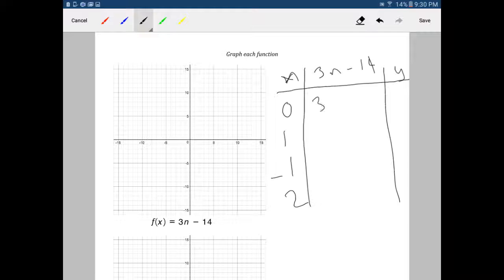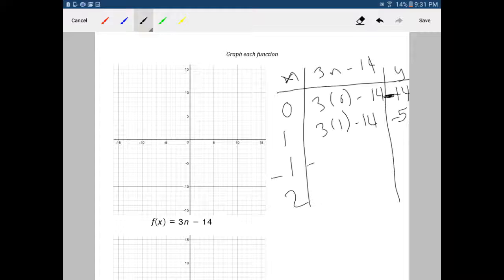Okay, so here we have 3 times 0 minus 14. That equals -14. Then 3n: that's 3 times 1 minus 14. 3 minus 14 is -11.